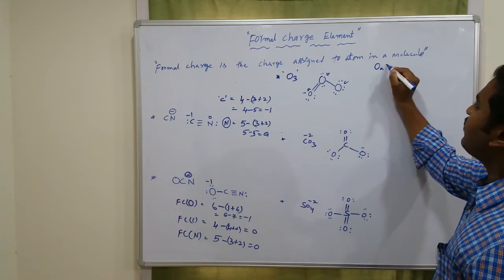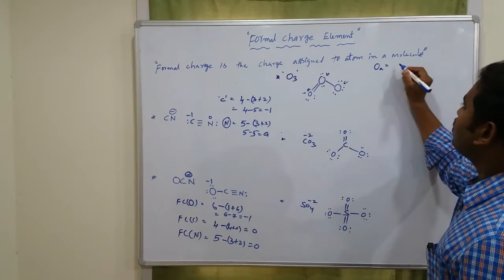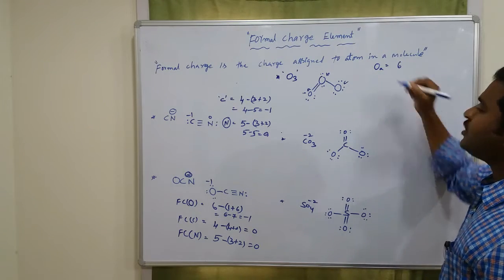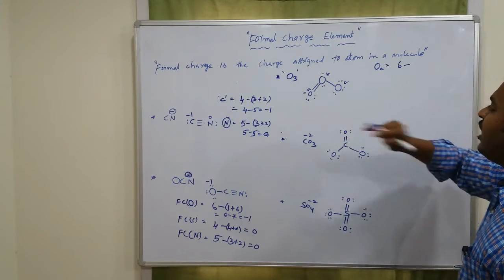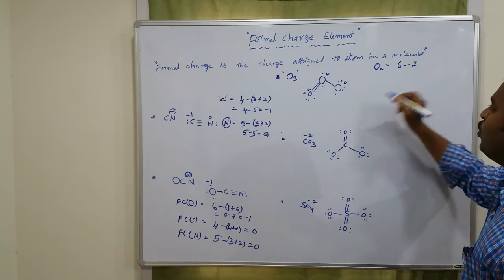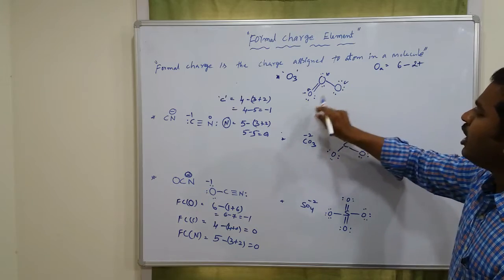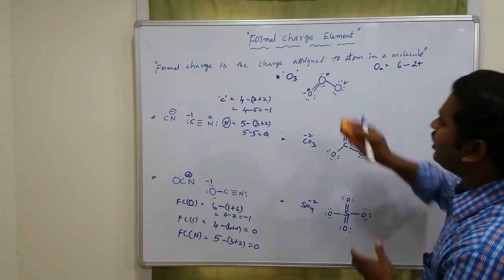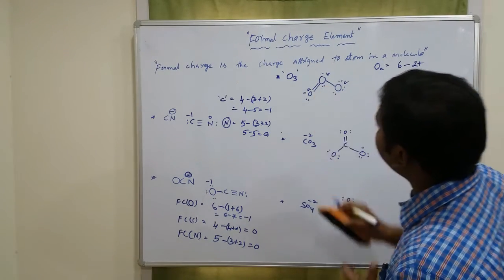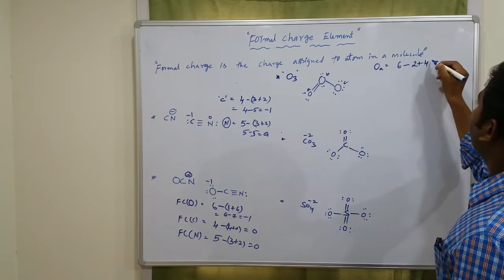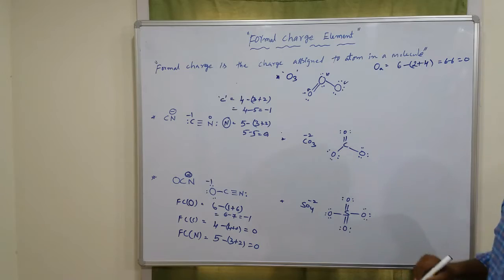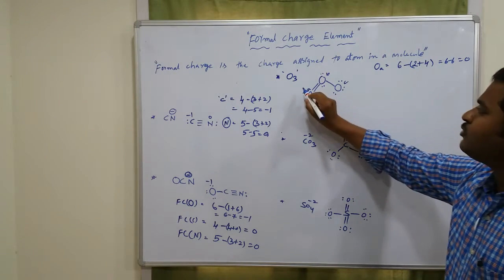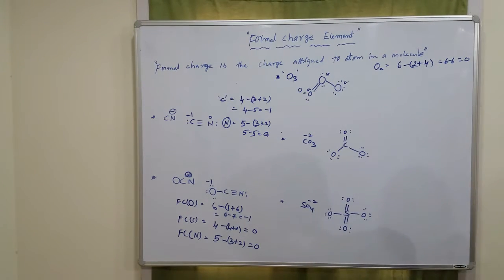Oxygen group number is 6 minus the number of bonds around oxygen A, which is 2, plus its dots, which is 4 only. So 6 minus 6 equals 0. So oxygen A has a formal charge of 0.